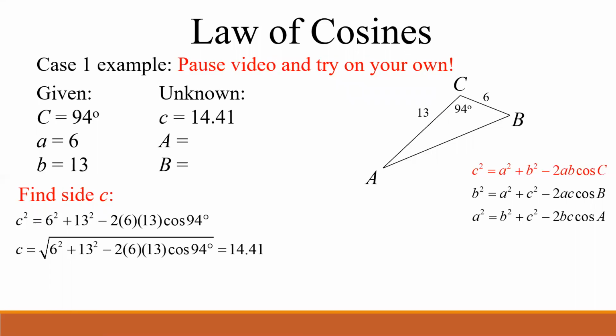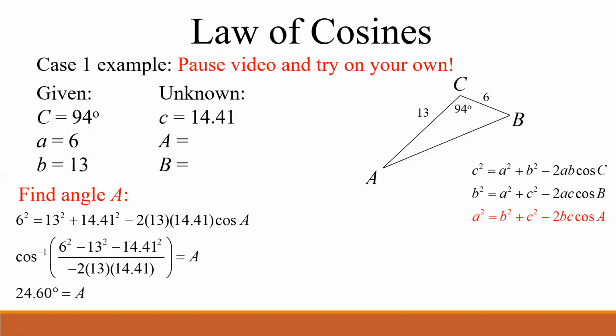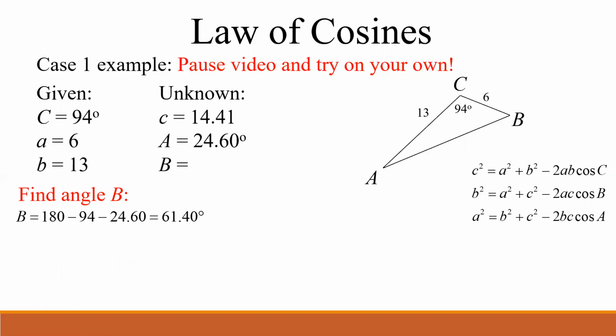And then to find angle A, I'm going to use that bottom formula, because that's where the angle A is. And again, plug everything in, isolate the A, subtract the 13 squared, subtract the 14.41 squared, divide by that whole quantity, take the inverse cosine, just undo everything, put that in your calculator, and then you should get 24.60 degrees for angle A. And then for the third angle, just subtract, and you should get 61.40 degrees.